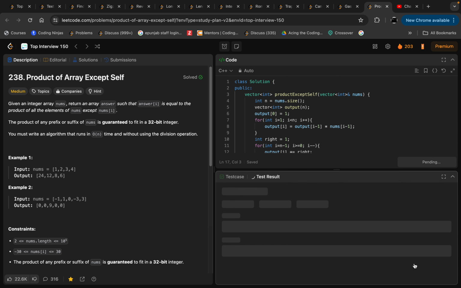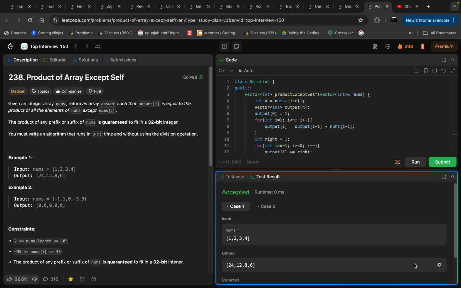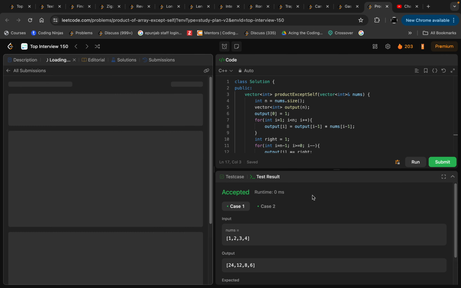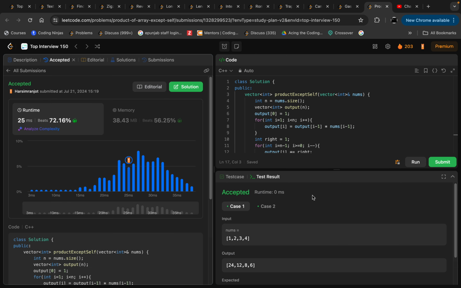So let's run this solution. Great. And now let's submit it. Well done. We have got a good solution at this point.